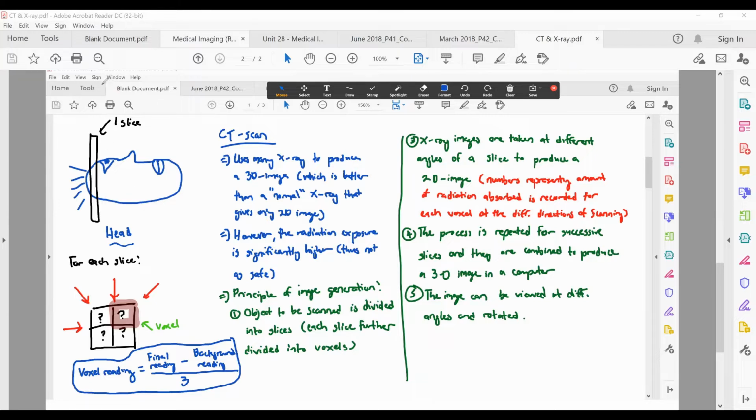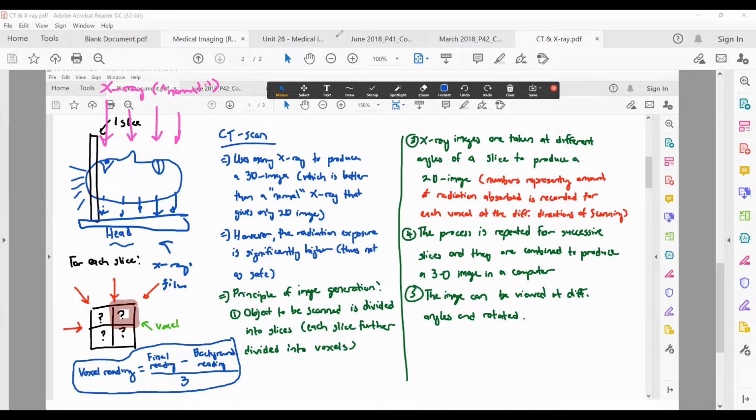If you're using the normal X-ray, which is done using a single exposure, the idea would be that your X-ray comes here, and then after that you will put an X-ray film behind, and then the X-ray will pass through the person's head, and then after that you will darken the X-ray film behind.